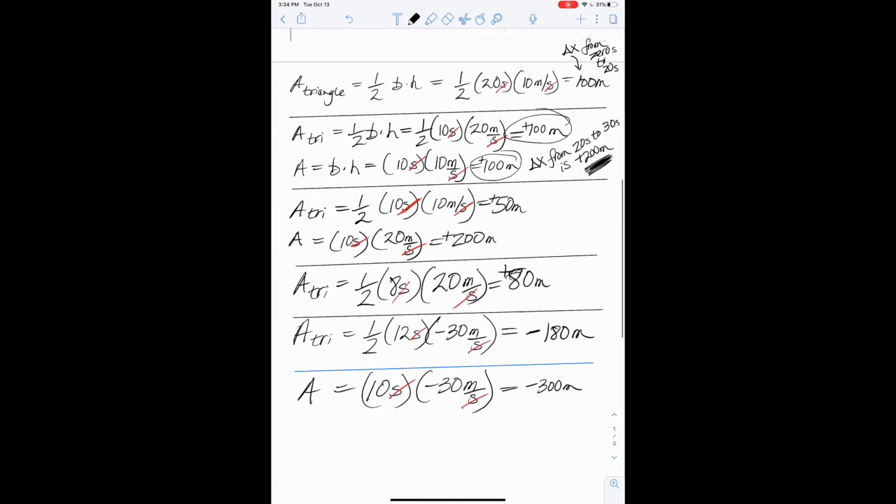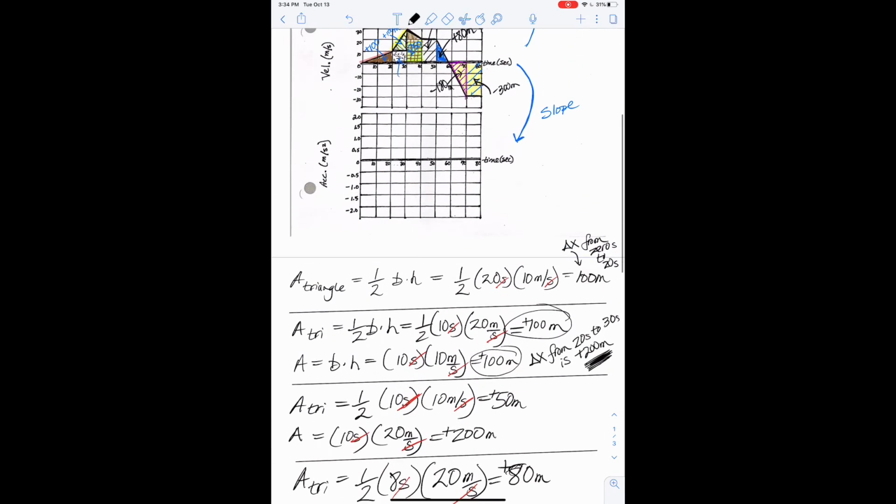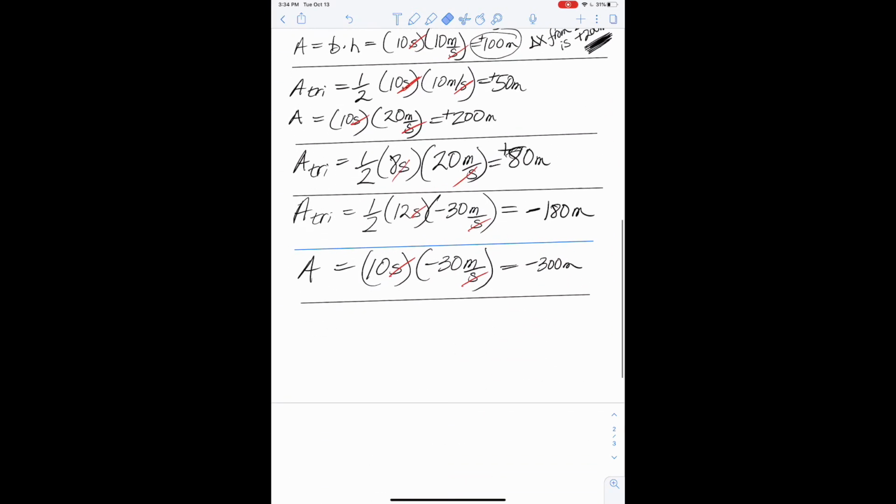So for our slopes, I'm just going to grab endpoints, right, to find these values. So I got time for the red slope, 20 to 0 seconds. I got height there of 10 meters per second to 0. So what I'm saying here is this, right?